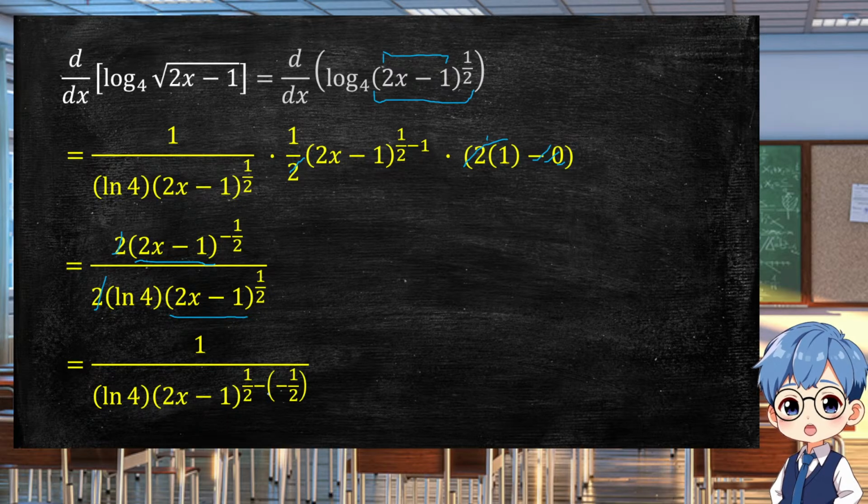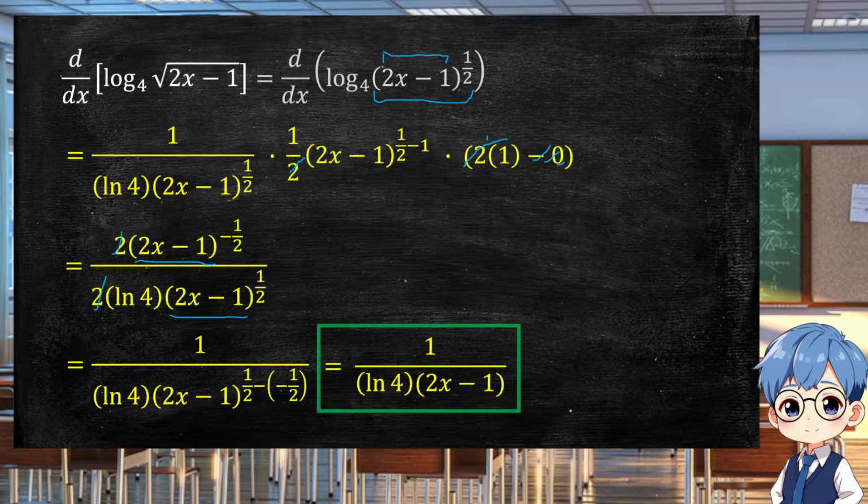So we have minus negative 1 half. Basically, it becomes plus 1 half. So 1 half plus 1 half is just 1. That's why for the final answer, we have 1 over ln of 4 times 2x minus 1. So, this is the final answer.